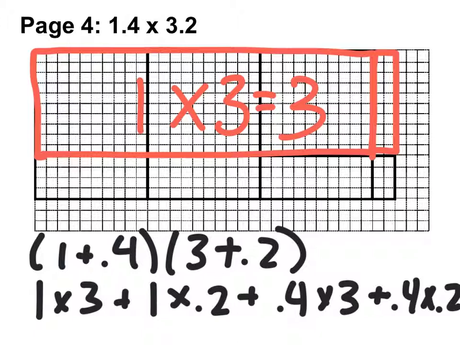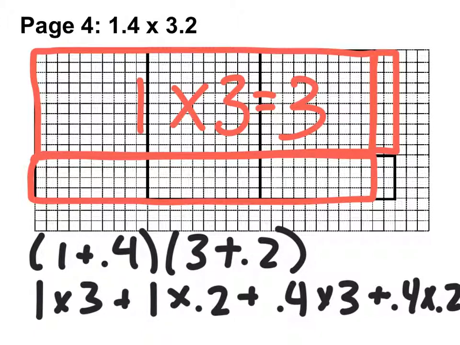Little multiplication, 4 tenths by 3, that's going to be this skinnier rectangle down below. And then the 4 tenths times 2 tenths, that is what's hanging out over here. So again, the distributive property parallels perfectly with the area model.